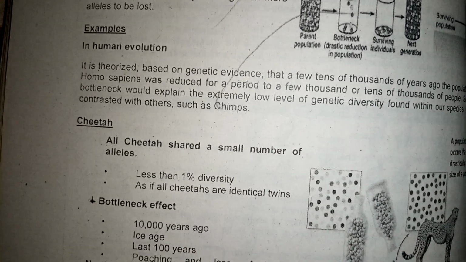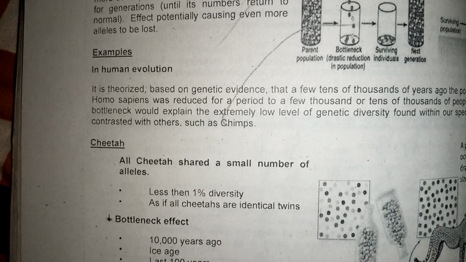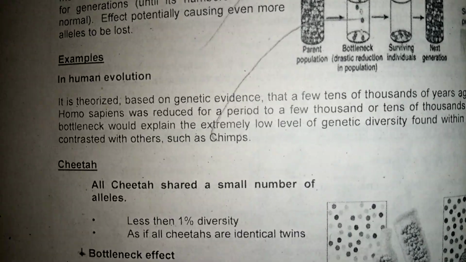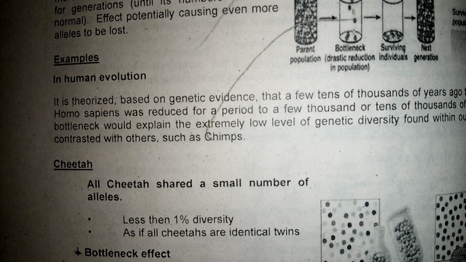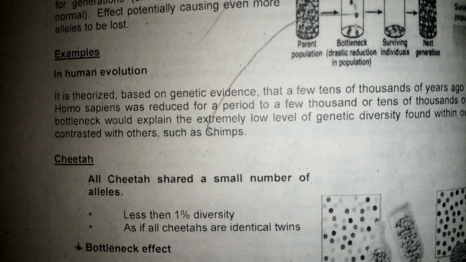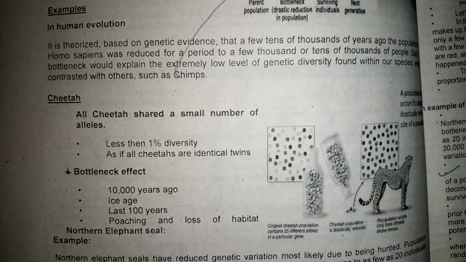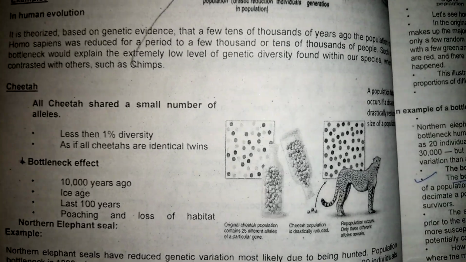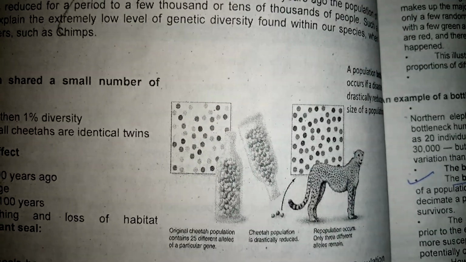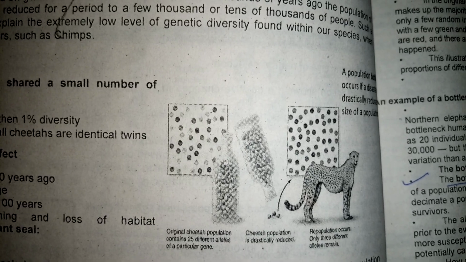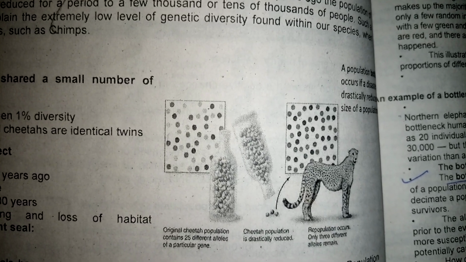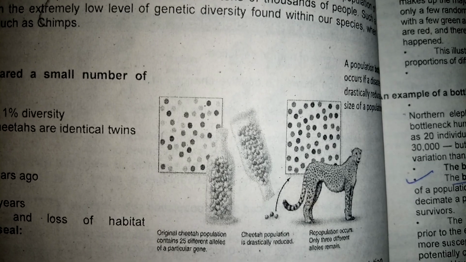Cheetah. All cheetahs share a small number of alleles, less than 1% diversity, as if all cheetahs are identical twins. If we see in the picture, the cheetah population is drastically reduced. Only three different alleles remain.